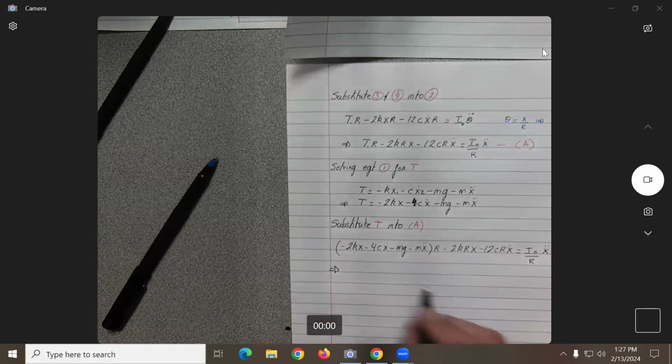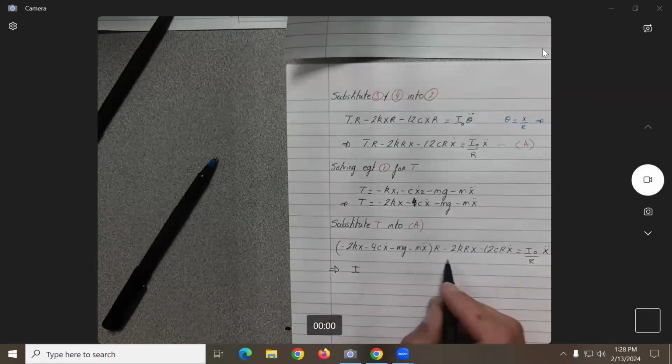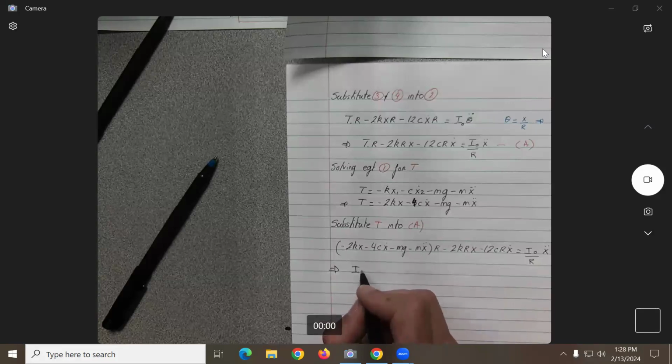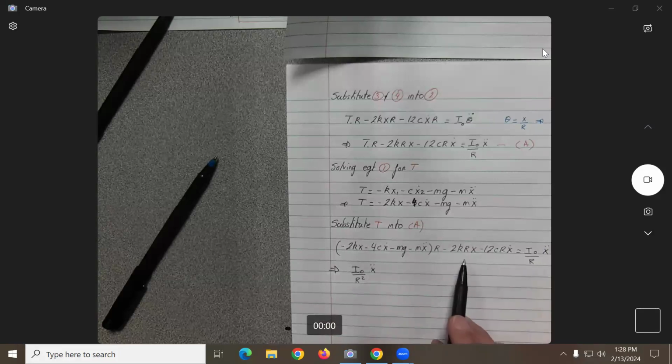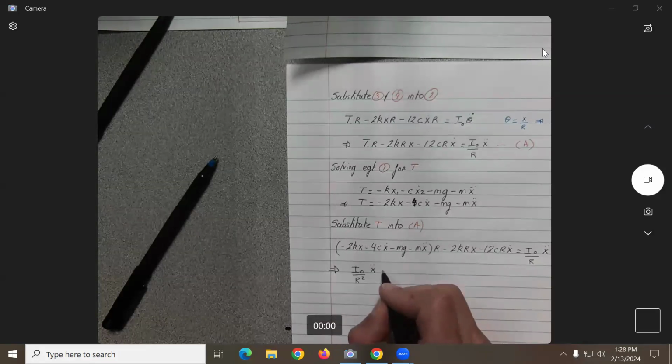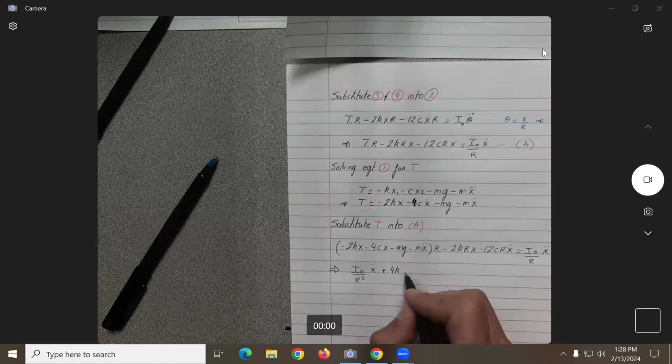Okay, so let's see. That's just going to give us, let's divide all this side by r, okay? So it should give us I naught over r squared x double dot. So I keep this one this way. Now what's going to happen to this kx here? Remember, we have divided by r, so this one disappears. So we're going to get minus 2kx minus 2kx, no? We move it to the other side, so it will be plus 4kx.